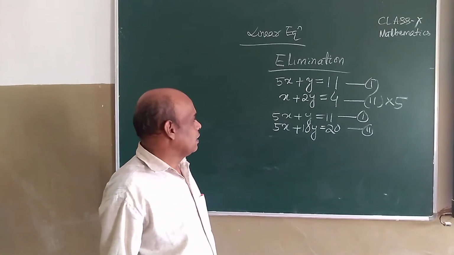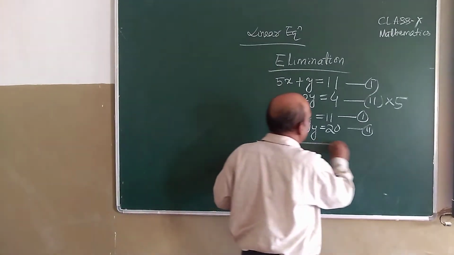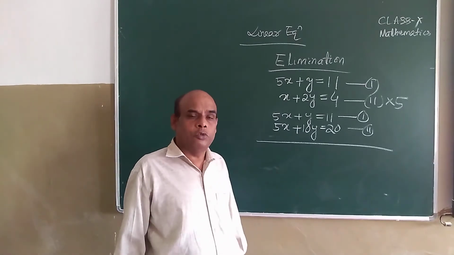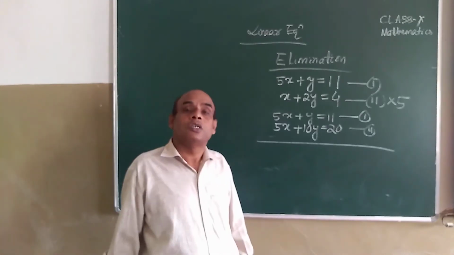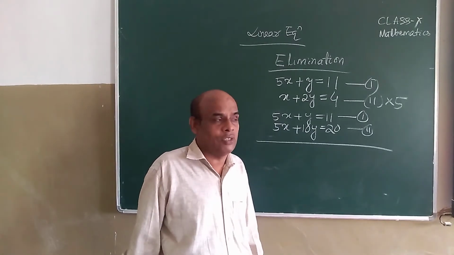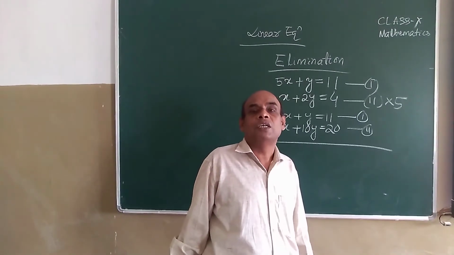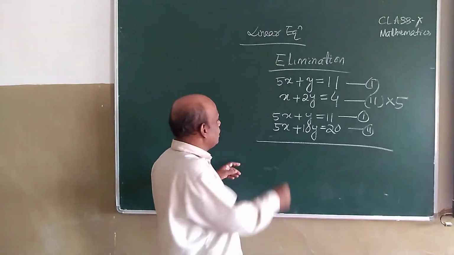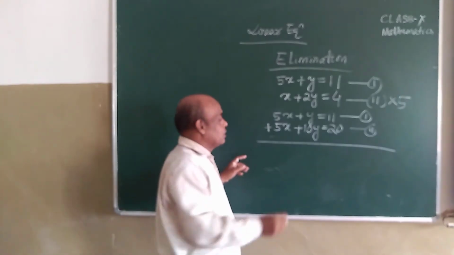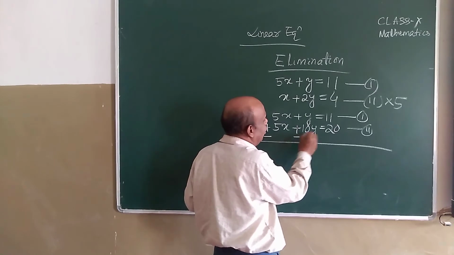Now you see how we can cancel the x term. You just subtract the second equation from the first equation. When the second equation is subtracted, the signs will be changed: plus becomes minus, and plus 20 becomes minus 20.